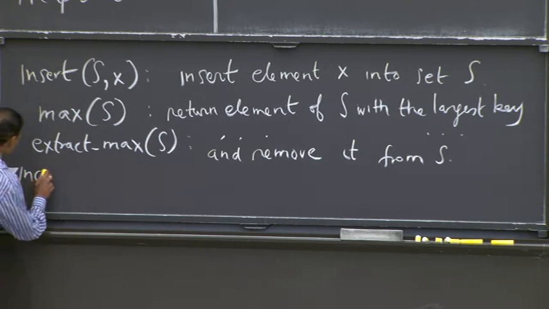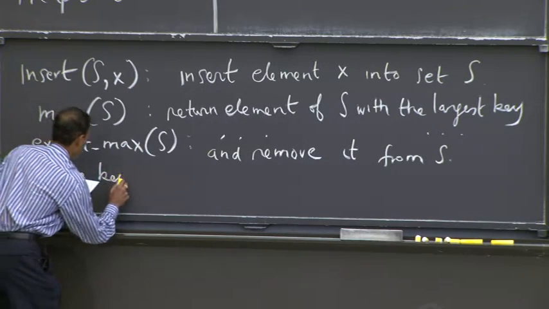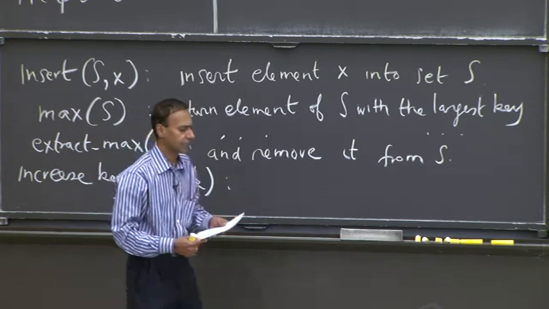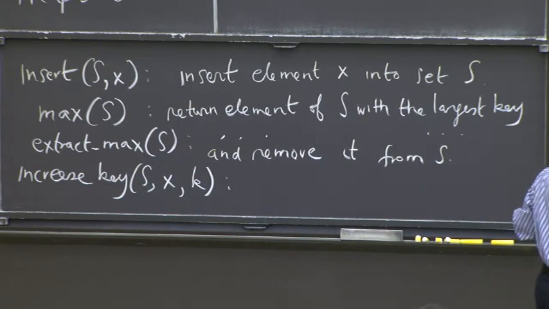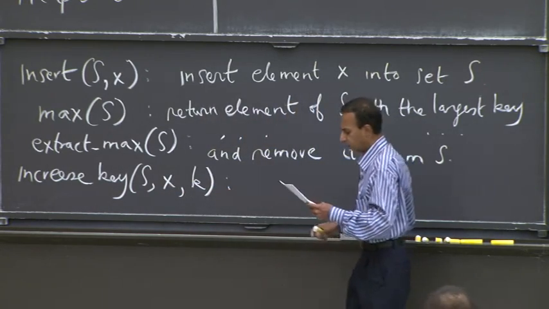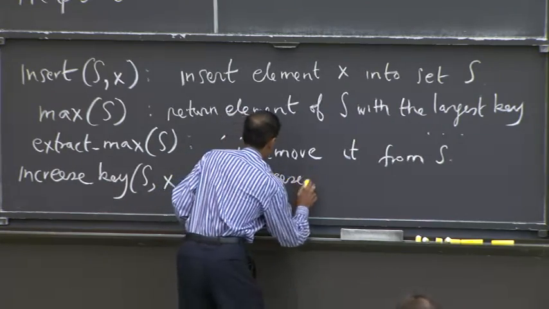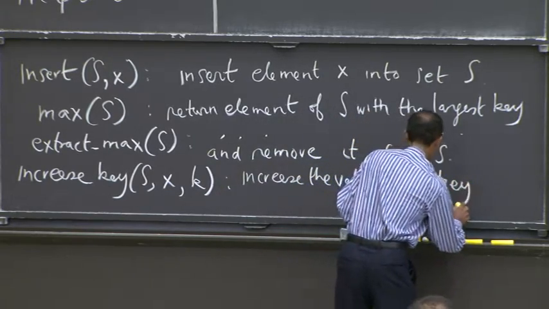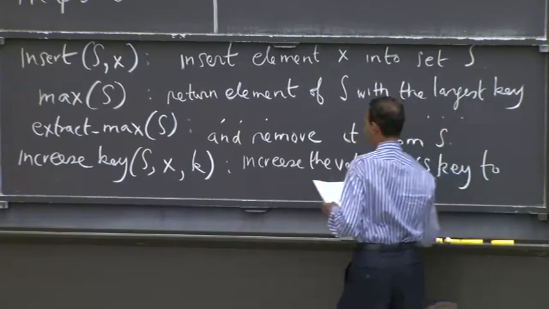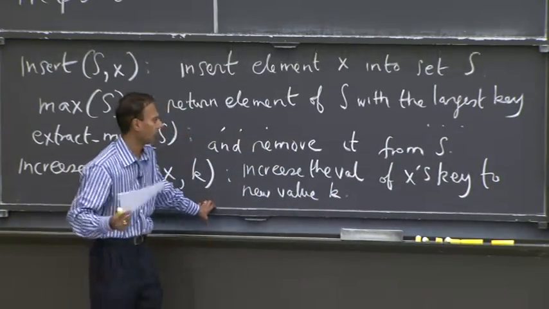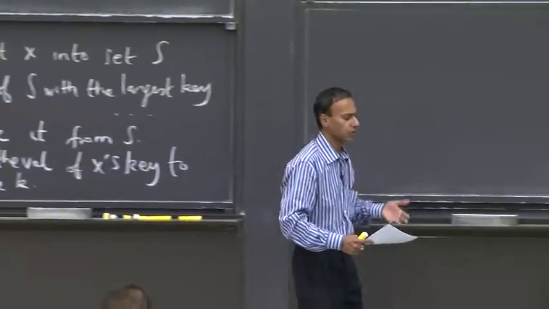And finally, you can imagine changing the priority of a particular element X in the set S, and there's an associated key, as we have up there with each element, and that key is, call it K. Increase key S, X, K would increase the value of X's key to the new value K. It's just called increase.